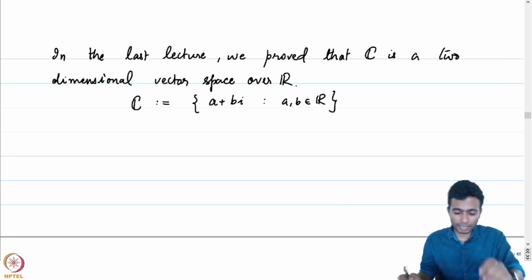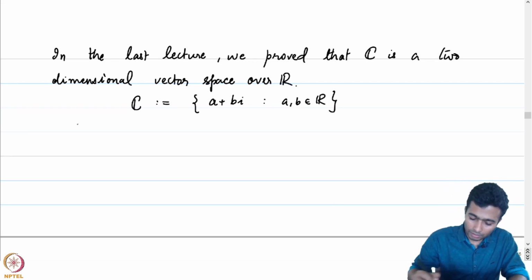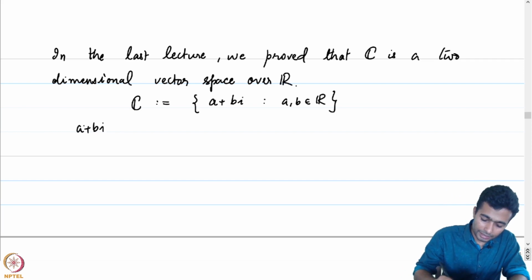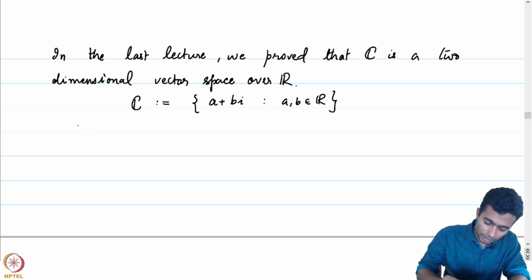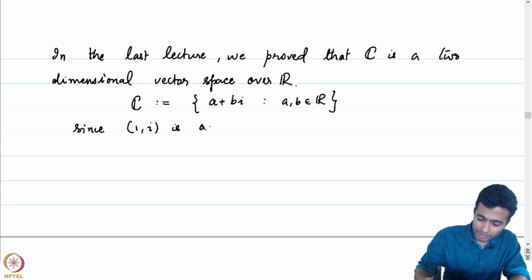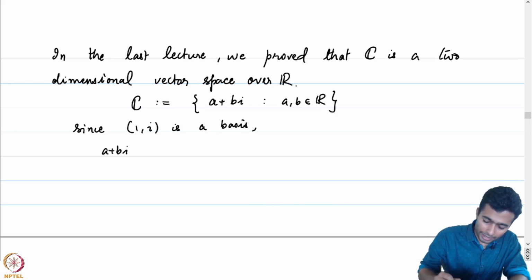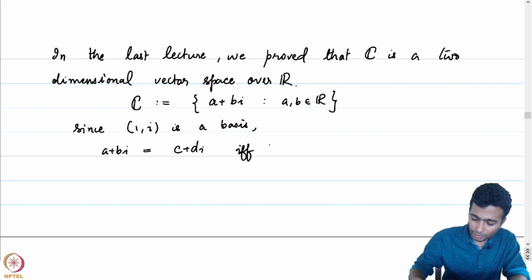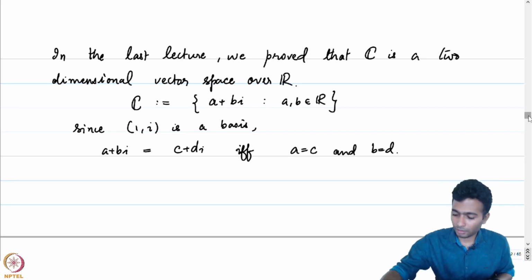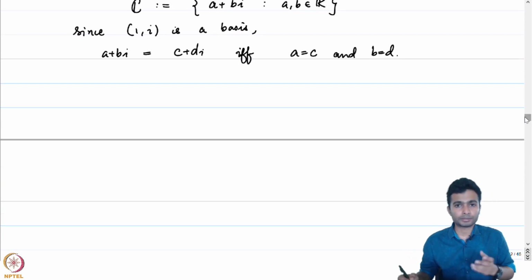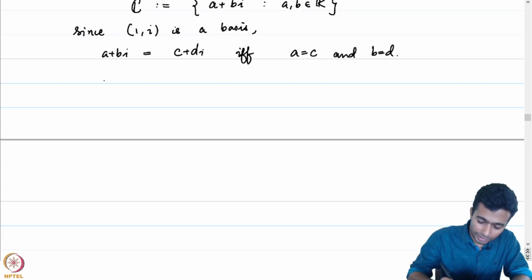That is going to imply that, since 1 comma i is a basis, a plus bi is equal to c plus di if and only if a is equal to c and b is equal to d. We even have an explicit expression for the addition and multiplication.